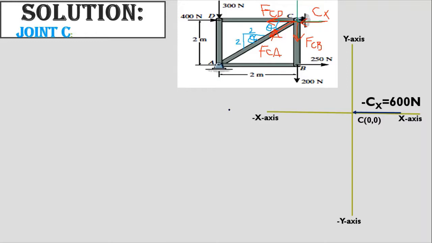You can write it down, minus 600. There is a member force FCD, which is also towards the negative x-axis, so it should be minus FCD. This is FCB, acting downward, so it should be minus FCB.